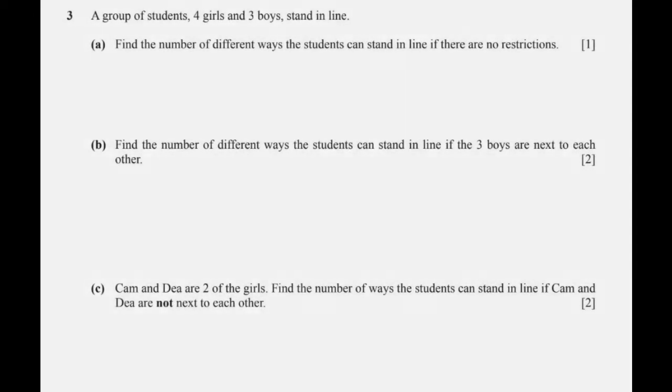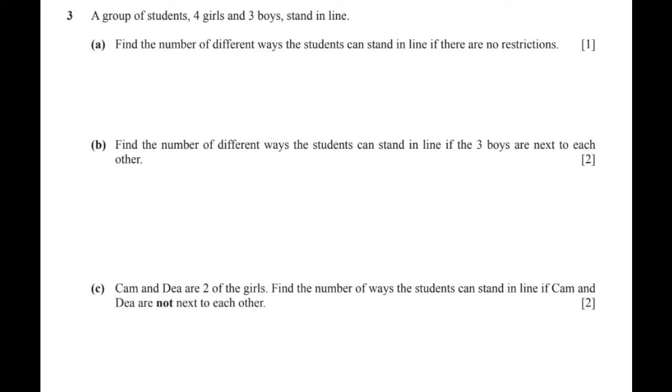Okay, question 3 is a probability question. We have a group of students, 4 girls and 3 boys, standing in a line. Part A: find the number of different ways the students can stand in line if there are no restrictions. One thing that we need to point out here is that the students are all different, right?